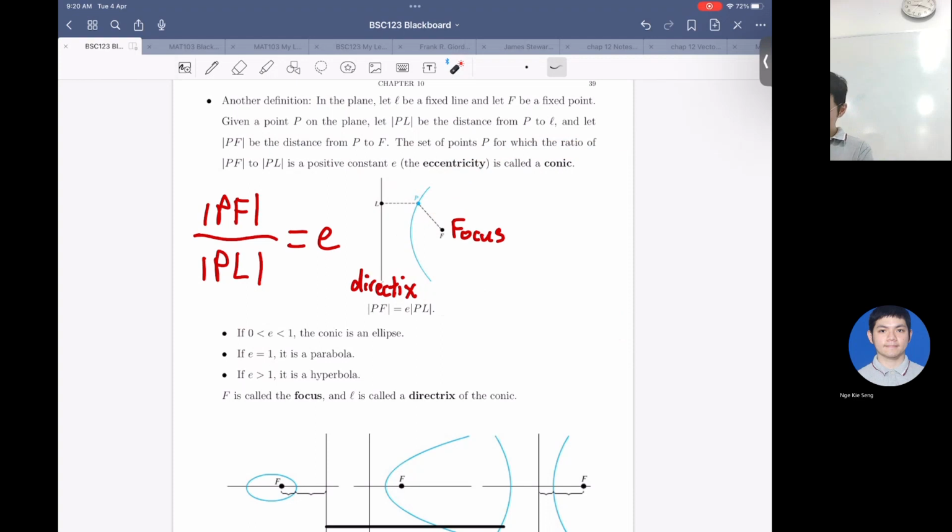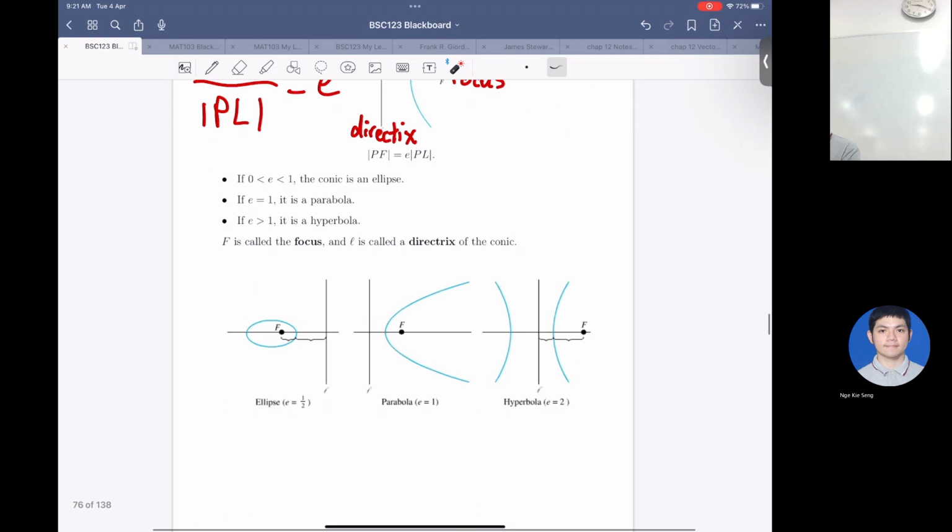If the distance to the focus is greater than the distance to the fixed line, the directrix, then it is a hyperbola. Okay, that's all. In a moment, we will use this to build the curve in terms of polar coordinates.